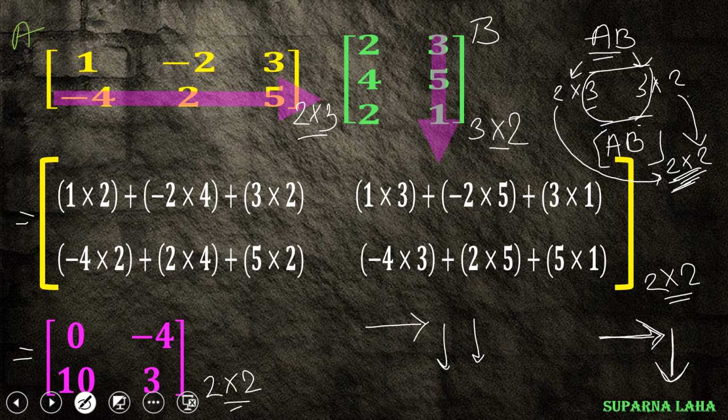This matrix multiplication also has a visual graph. That is in a higher class, and it is also very interesting, but here you just need to remember the process of multiplication.